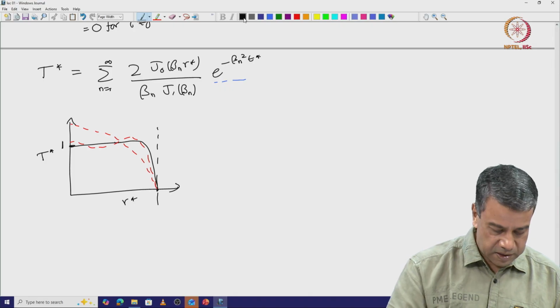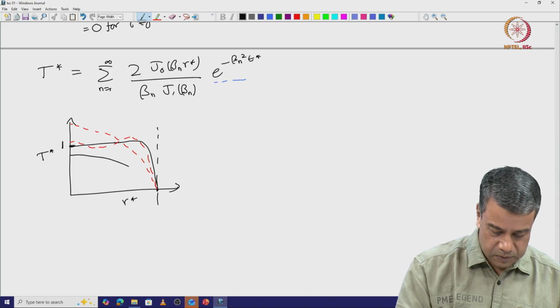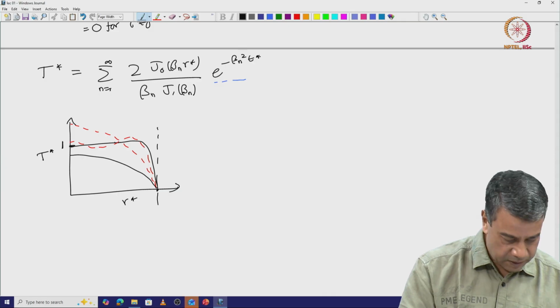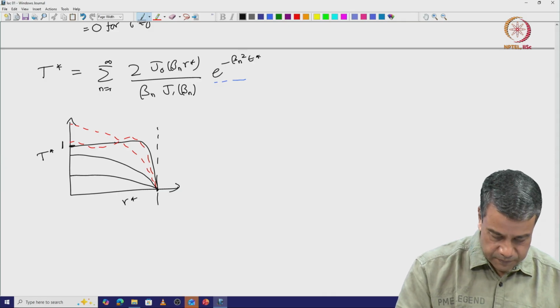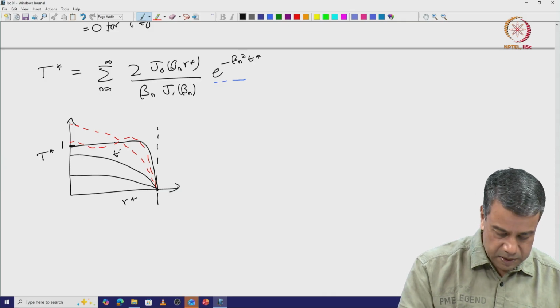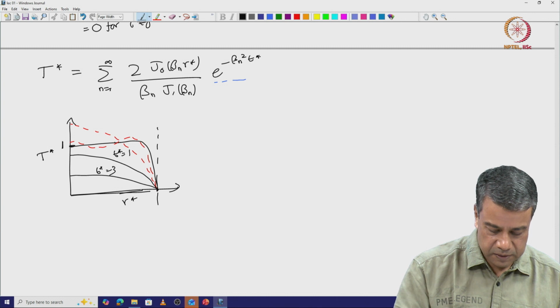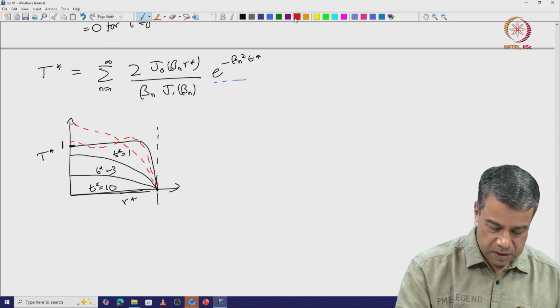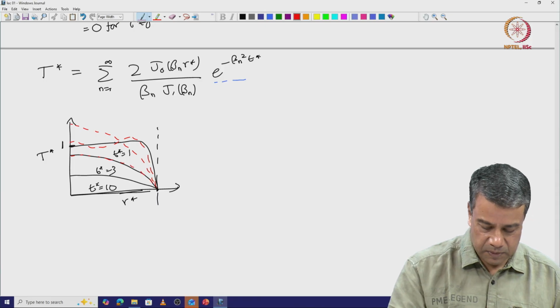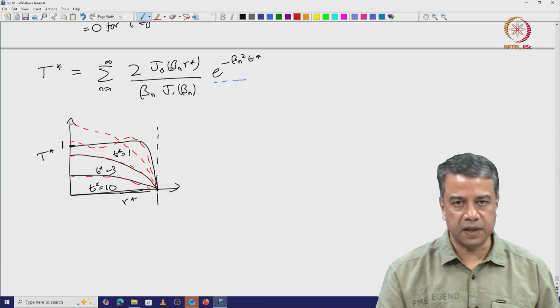As time progresses, this is t star is equal to 1, t star is equal to 3, and by the time you come to t star is equal to 10, it is somewhere here. In this case, a small number of terms, even one term or 3 terms in the expansion, will accurately reproduce this.